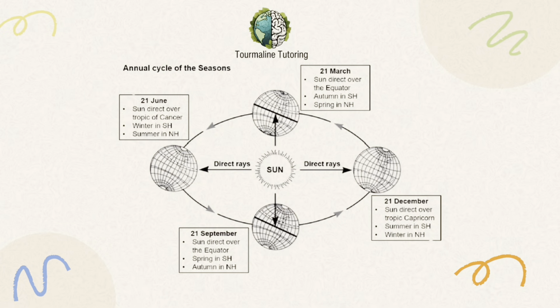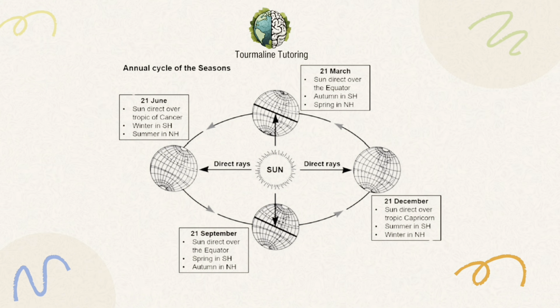So this diagram shows us the significance of the Earth's axis and the revolution around the sun. In the first image, at 12 o'clock, the date is written 21 March. You need to know that 21 March in the southern hemisphere, emphasis on the southern hemisphere, is known as the autumn equinox.